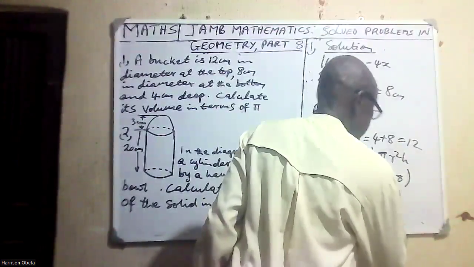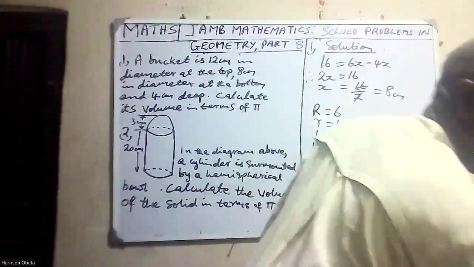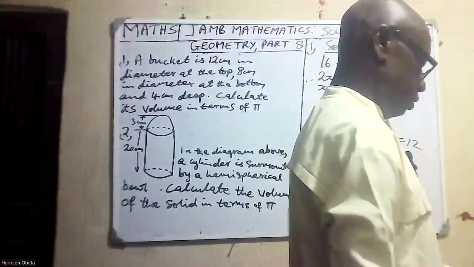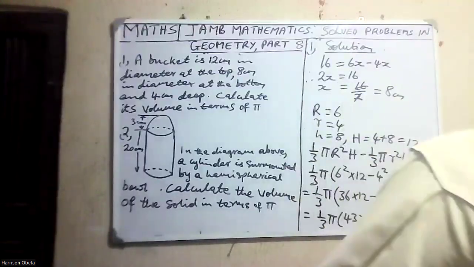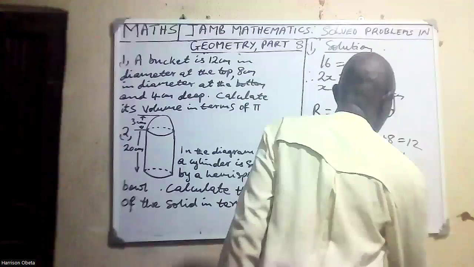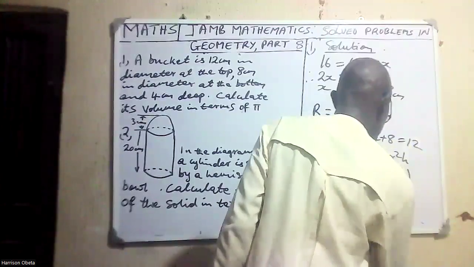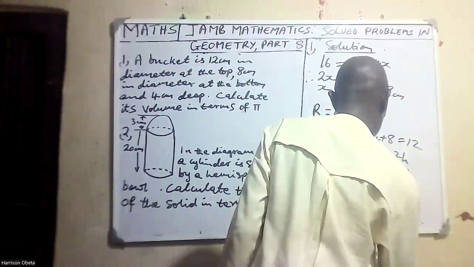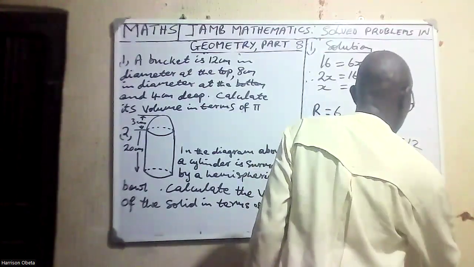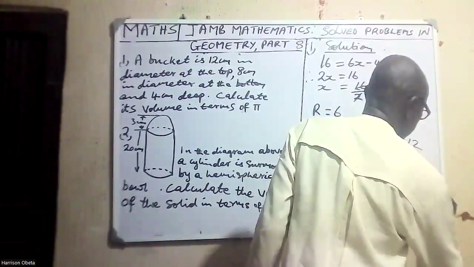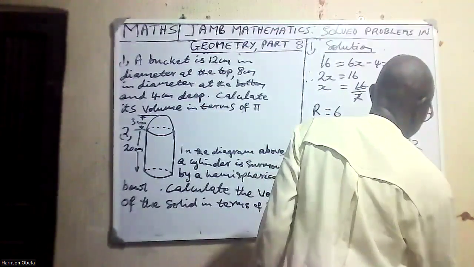So this will give us 16 times 8, that's 128. So 432 minus 128 will give us 304.